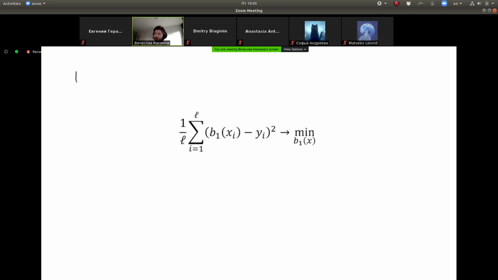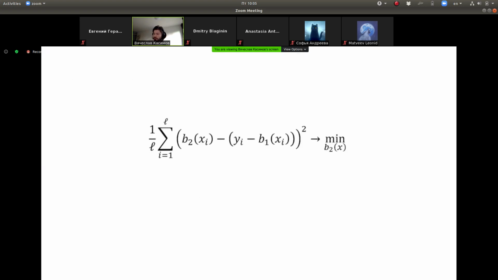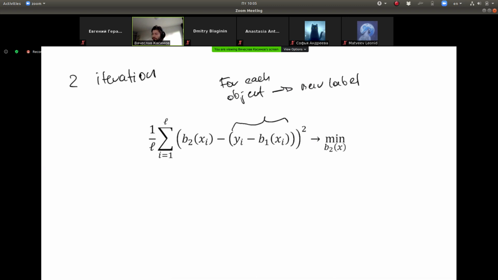So now we know how to do boosting, because we know the first iteration: it just fits this model. Then we have a second iteration, and we also know what to do. For each object, we make some new label, and the second model learns on these new labels.